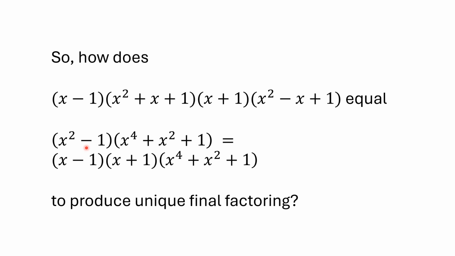So just factoring the x squared minus 1 to get that part out of the way, we get x minus 1, x plus 1, and also here. And then we have the x to the 4th plus x squared plus 1, the troublesome term. So how are we going to get that final answer to match?